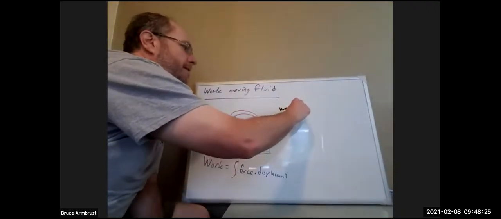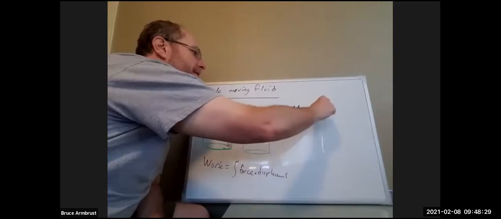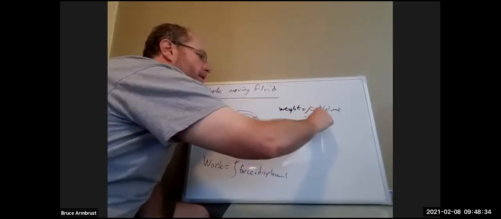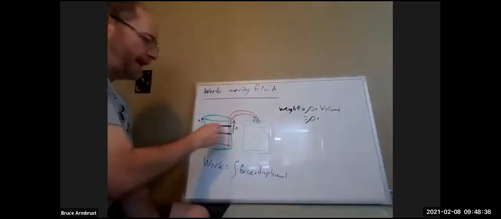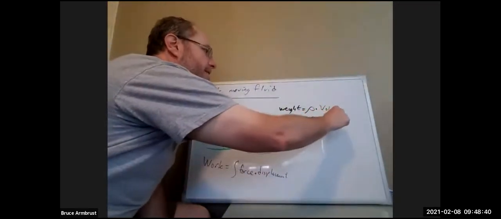So if we're going to get our weight, it's going to be density times volume. Well, the volume of that slice is going to be its cross-sectional area times its thickness.